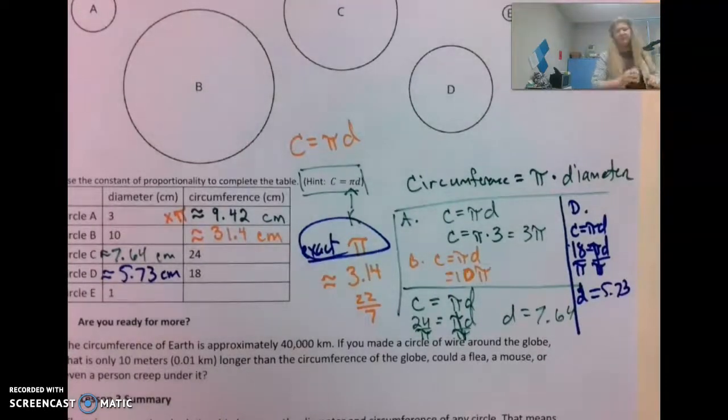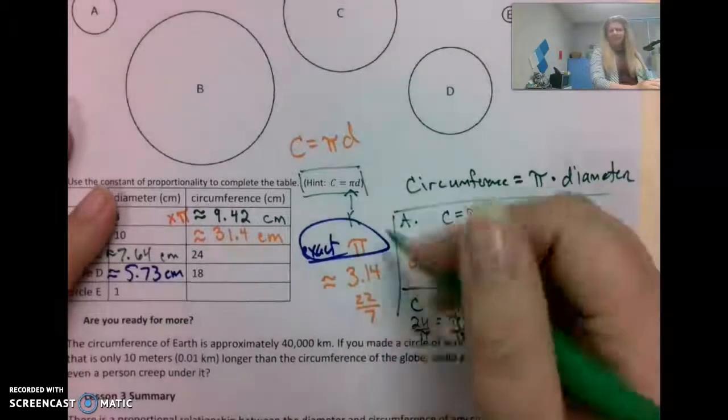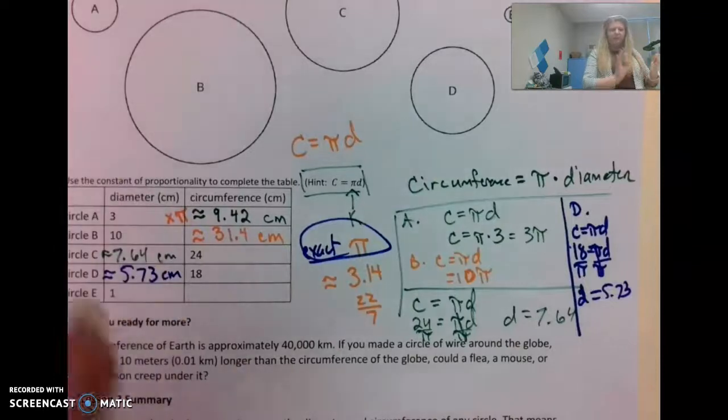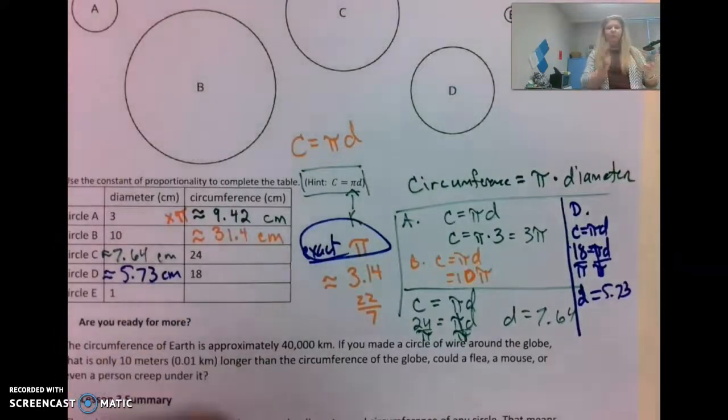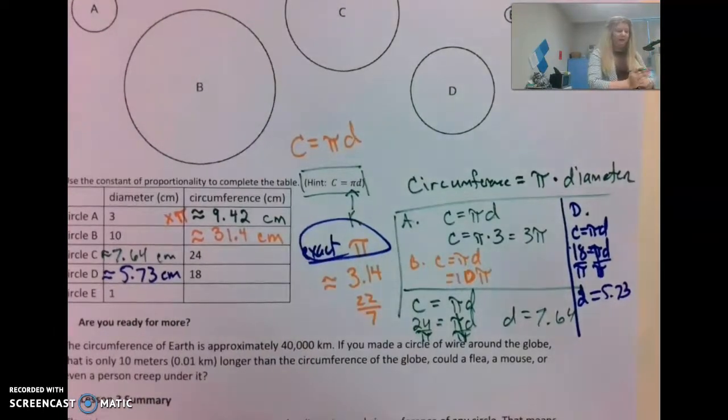So when you're in a testing situation, you will have clarity. You won't have to make this decision of which one to use because you will be told either use 3.14 or 22/7 or find an exact answer, which means you use the pi symbol.